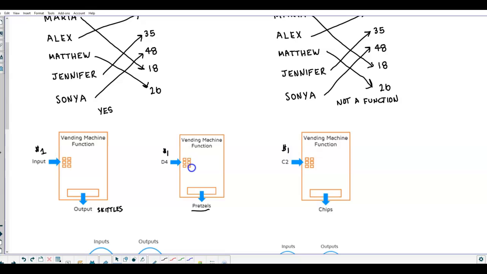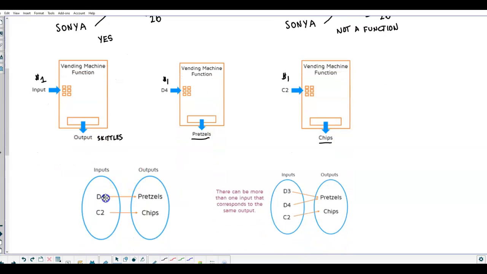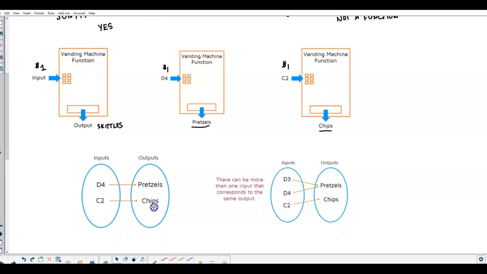So C2 is now going to be a different input selection that's going to give us chips. So if we take a look at this, D4 gives us pretzels. C2 gives us chips. So again, this represents a function. So yes, this is a function because you have one input going to one output.